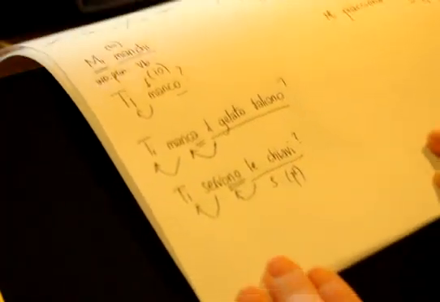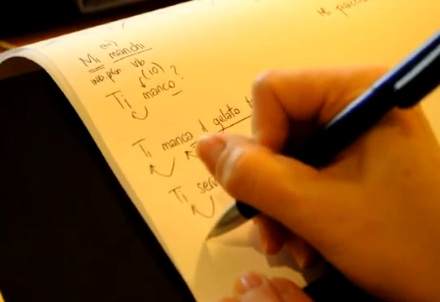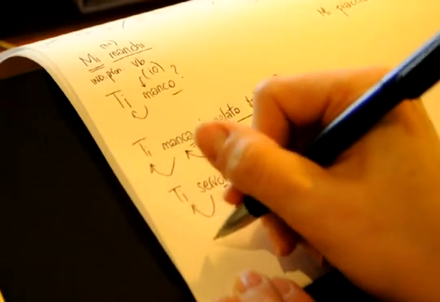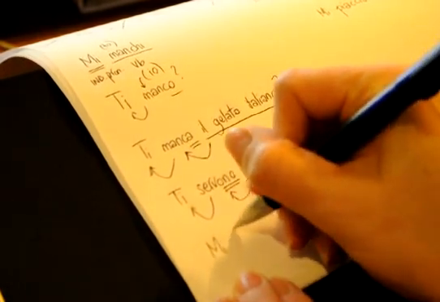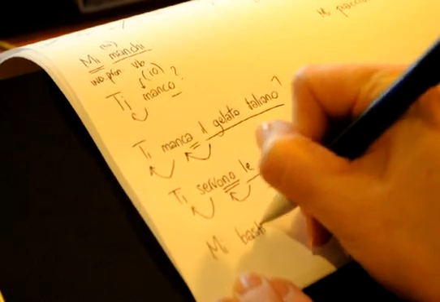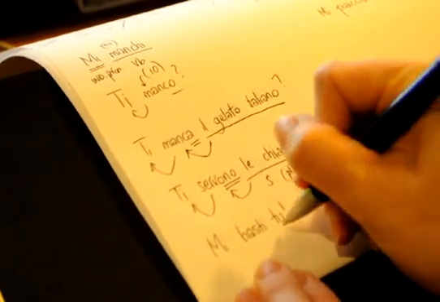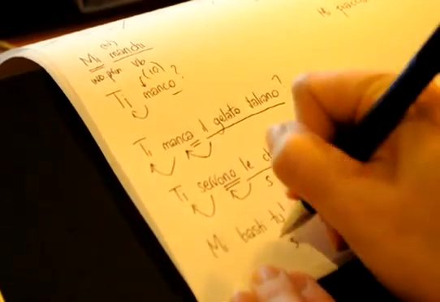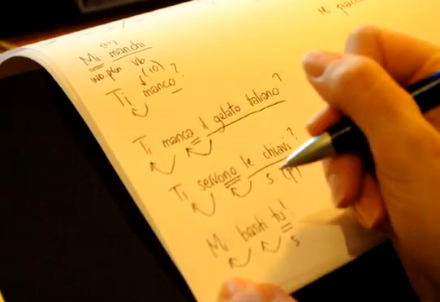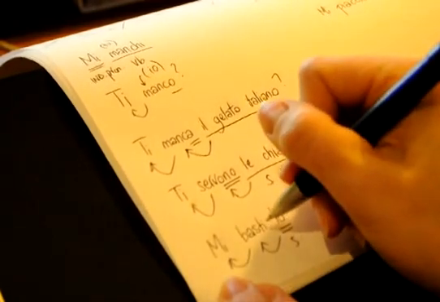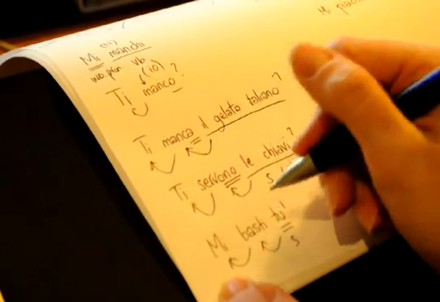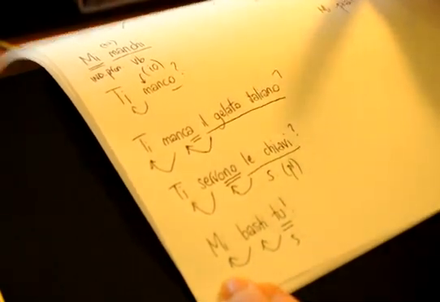Ti servono le chiavi. Bastare. Mi basti tu. That's very romantic. Okay, so you, subject, are enough for me. Okay? Io basto, tu basti. So we will use that.